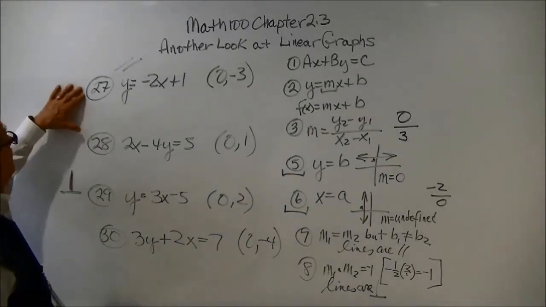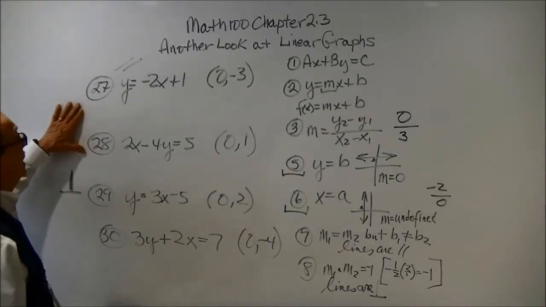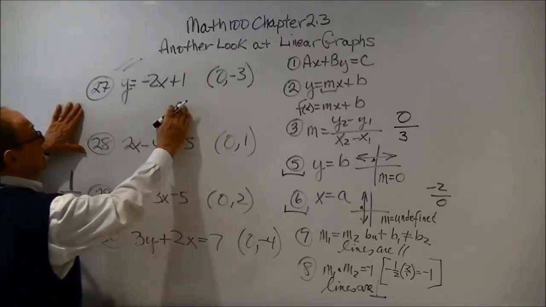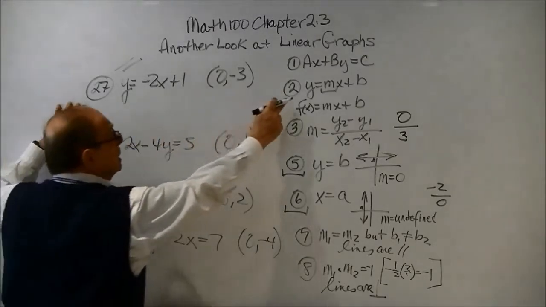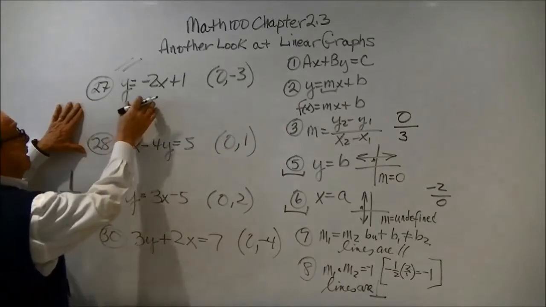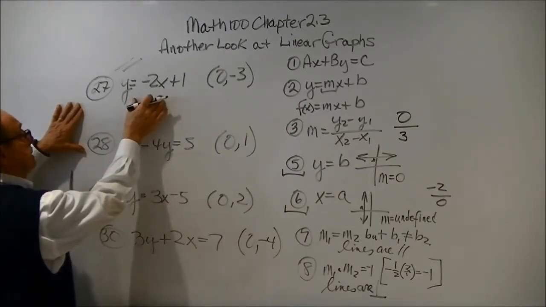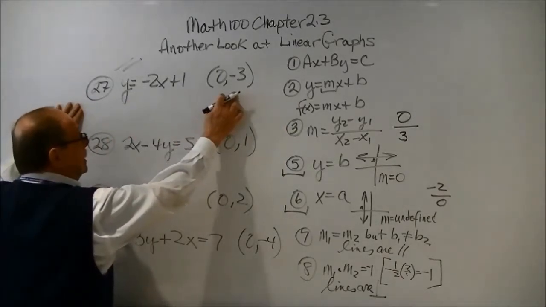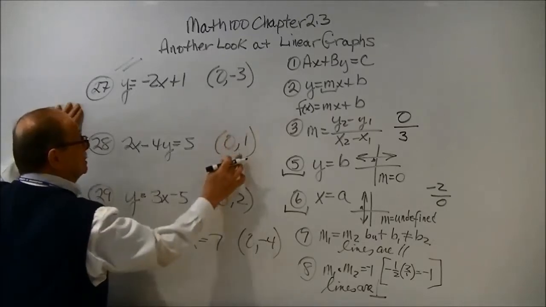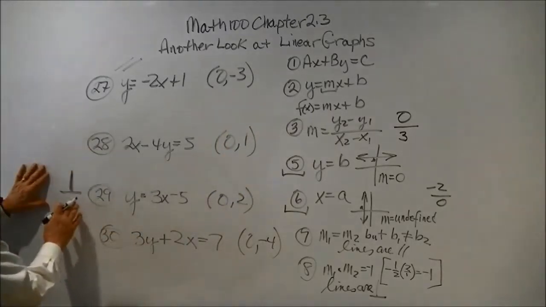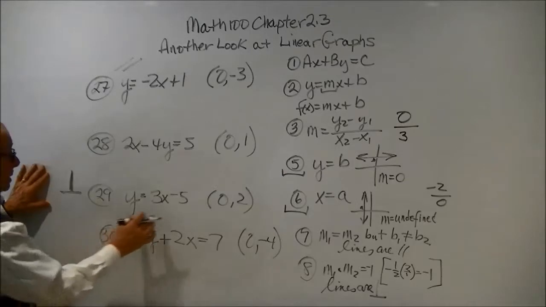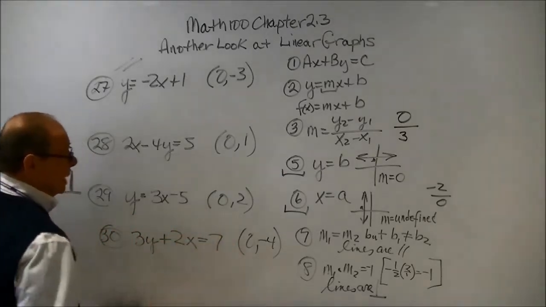For these two, 27 and 28, they want you to write an equation in slope-intercept form that is parallel to this, but goes through this y-intercept. And for these, they are perpendicular to these and go through this y-intercept.